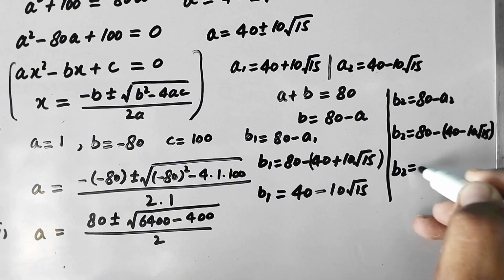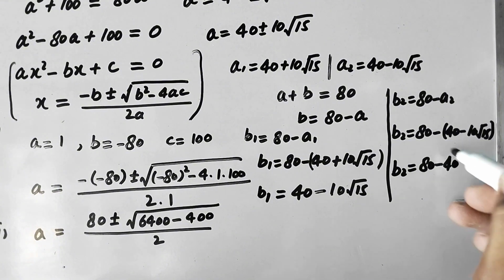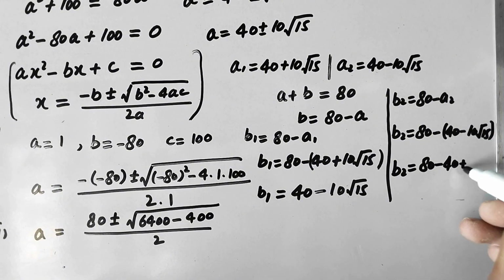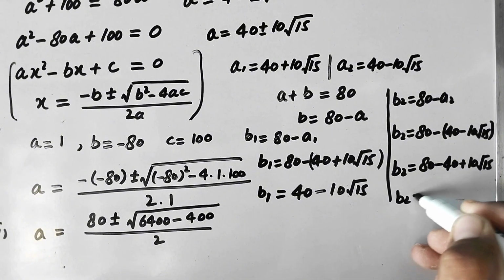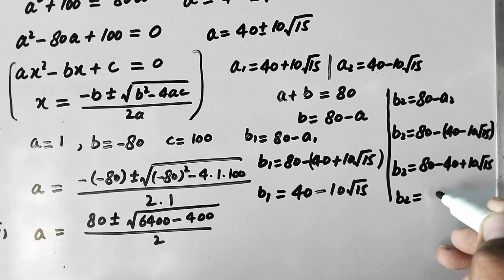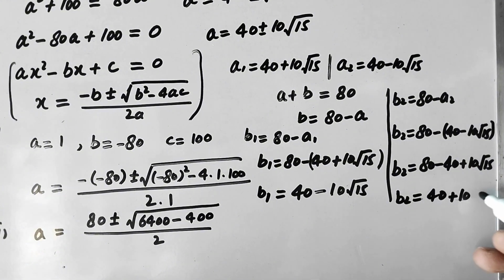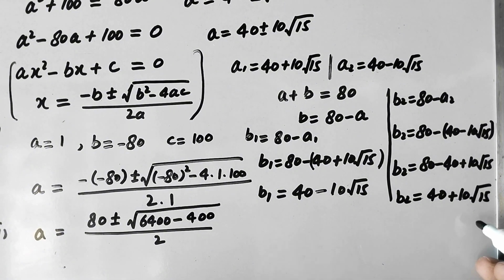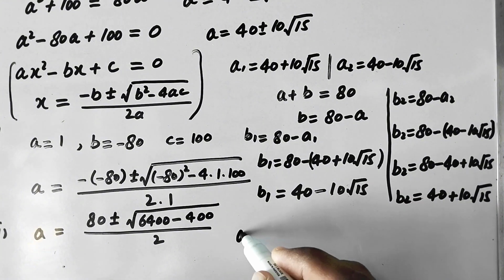So here b2 is equal to 80 minus 40, and minus times minus is plus 10 times square root of 15. Now b2 is equal to 80 minus 40 is equal to 40 plus 10 times square root of 15. So here we have found the values of a and b.